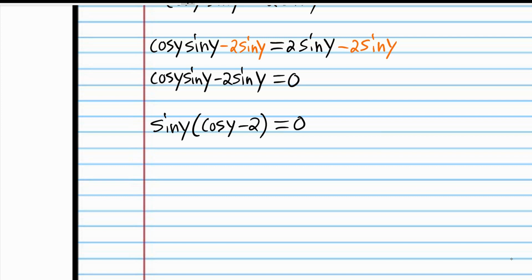But the reason that we can do that is, in order to understand, just multiply sine y back into this difference, cosine y minus 2, using the distribution property. Sine y times cosine y is cosine y sine y, and sine y times negative 2 is negative 2 sine y. So we know we can go in the forward direction, so why not backwards?